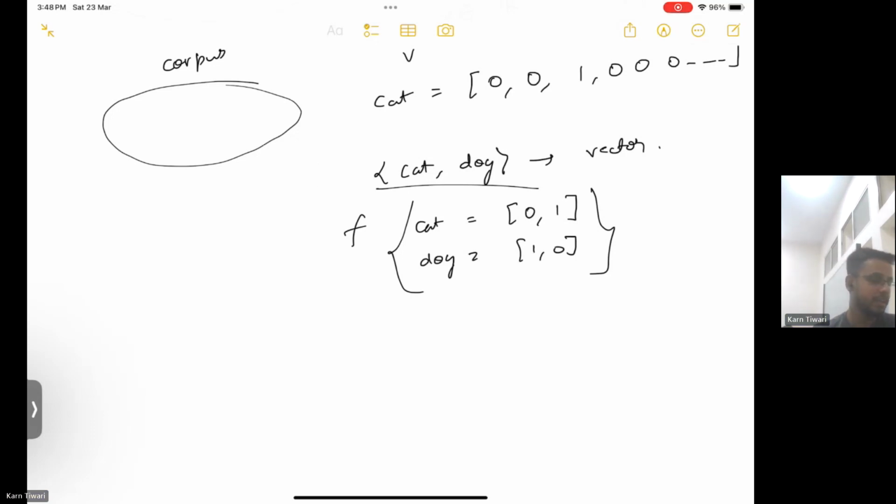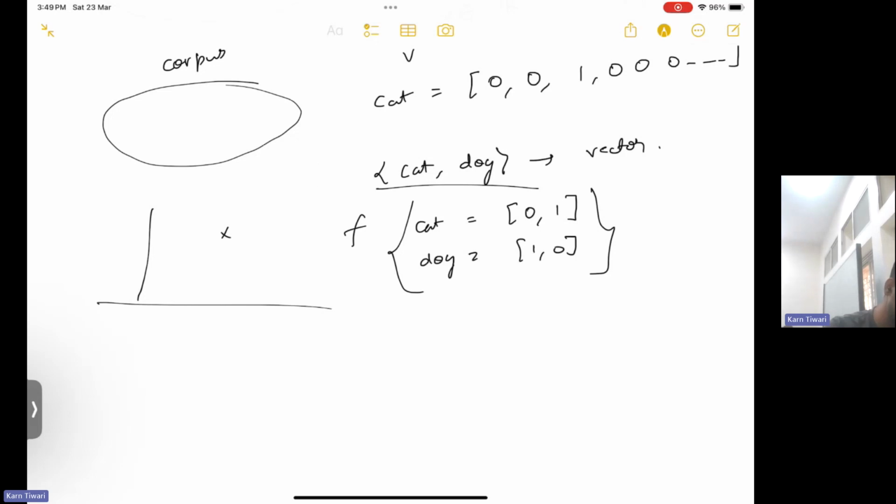But also, it does not capture the similarity, the semantic meanings. For example, cats and dogs are all animals. So we want to have more meaning in our representation. The representations of cat and dog should be closer by in terms of distance.